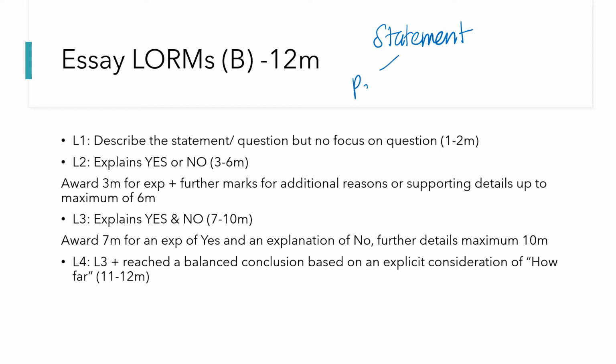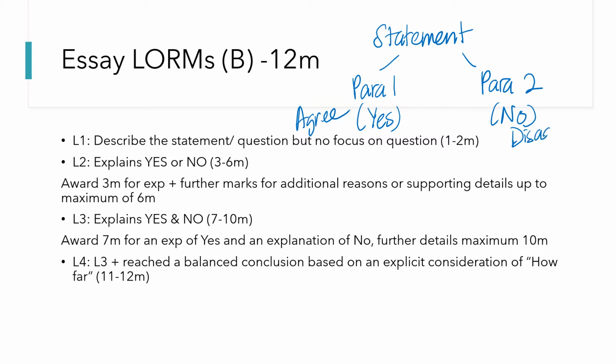So you have a paragraph 1 and you have a paragraph 2. Okay, and usually it is a yes or no. Most of the time there is a statement that you have to agree as well as disagree. Okay, and you would have gotten 10 marks already.